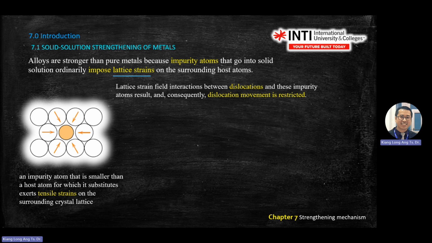So if you see this diagram, this small area here will have tensile strain on the surrounding crystal lattice. Tensile means you're pulling away, the two arrows pointing outside. Strain is a deformation.